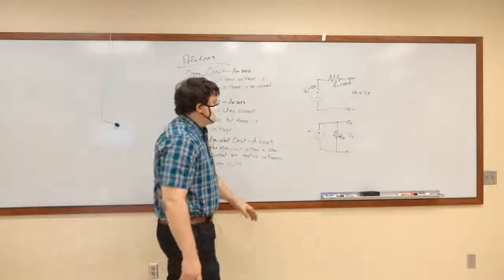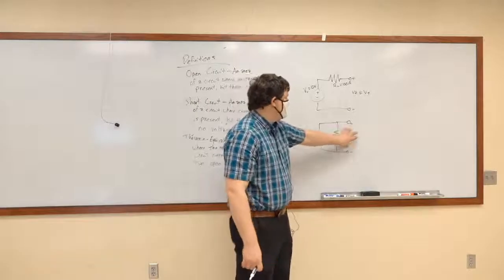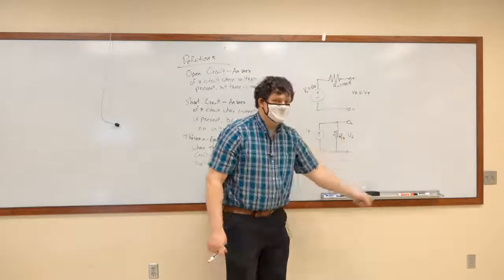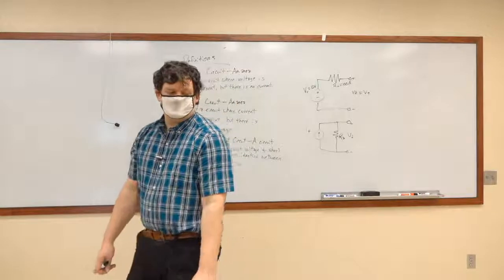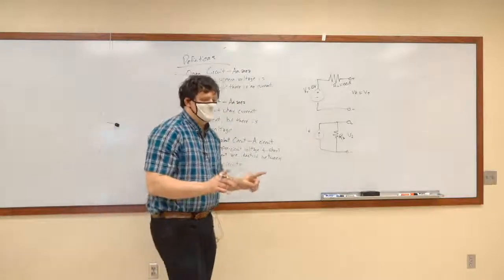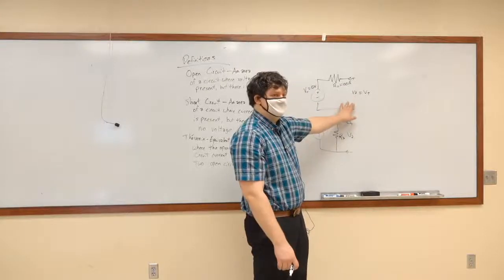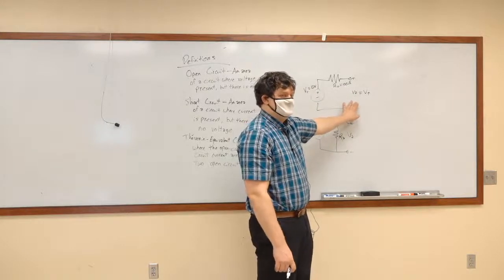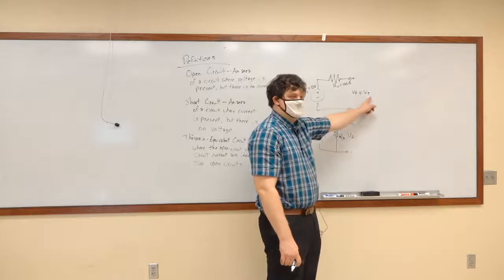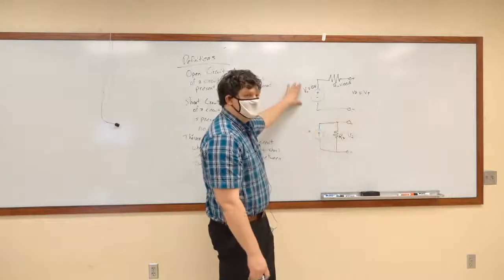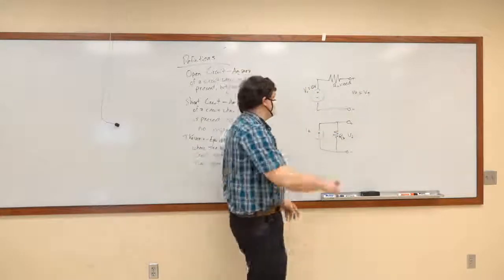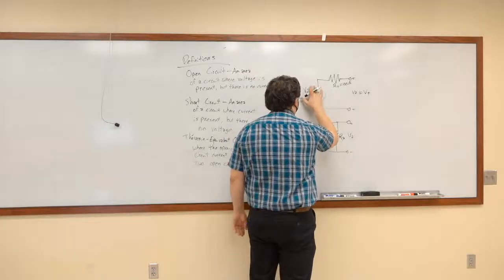So when there is nothing connecting these two terminals, we have an open circuit between those two terminals. When we have an open circuit between those two terminals, what is the voltage here? It's Thevenin. It's this, right? It's whatever we figured out from the circuit is the voltage between those two terminals, okay?